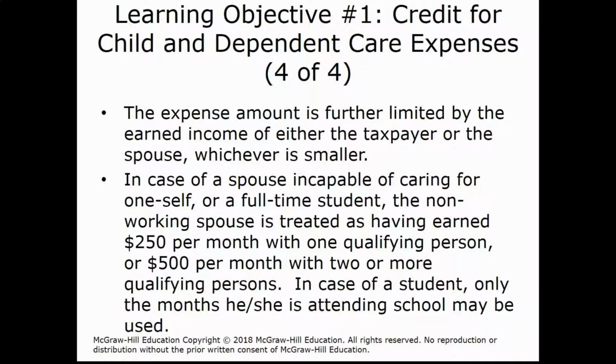This doubles for 2 or more such qualifying persons. In the case of a student, however, only the months he or she is attending school can be used, because again it's presumed that when this person is not in school and is obviously not working, they'd be available to care for either themselves or other dependents in the home.